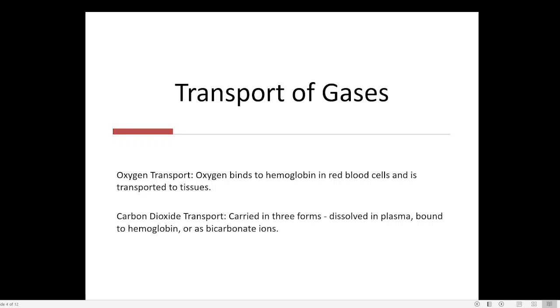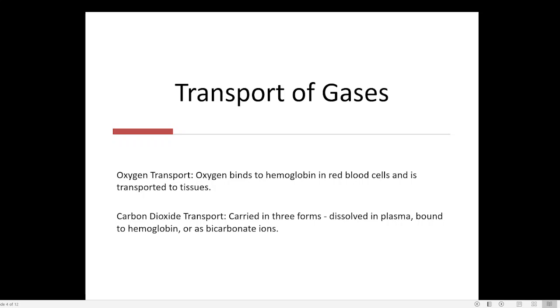In the blood, this oxygen will combine with RBC or red blood cells, and this RBC, which is filled with hemoglobin, will take this oxygen to different parts of the body, and there it delivers its oxygen to various cells or tissues. So this is how the transport of oxygen works.